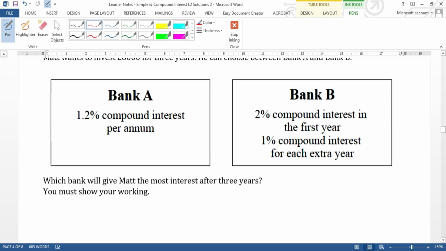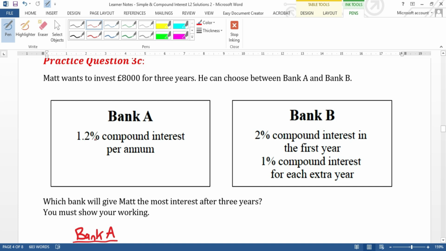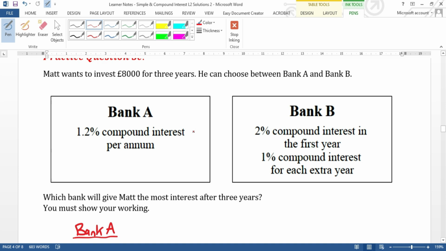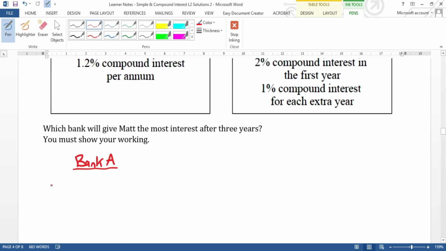Okay. So let's work out Bank A here separately first. Just put Bank A. So that's just 1.2% compound interest. The initial amount is £8,000. He's doing it for 3 years. So £8,000, open brackets, definitely a 1 plus because it's a bank account, 1.2%, and to the power 3.